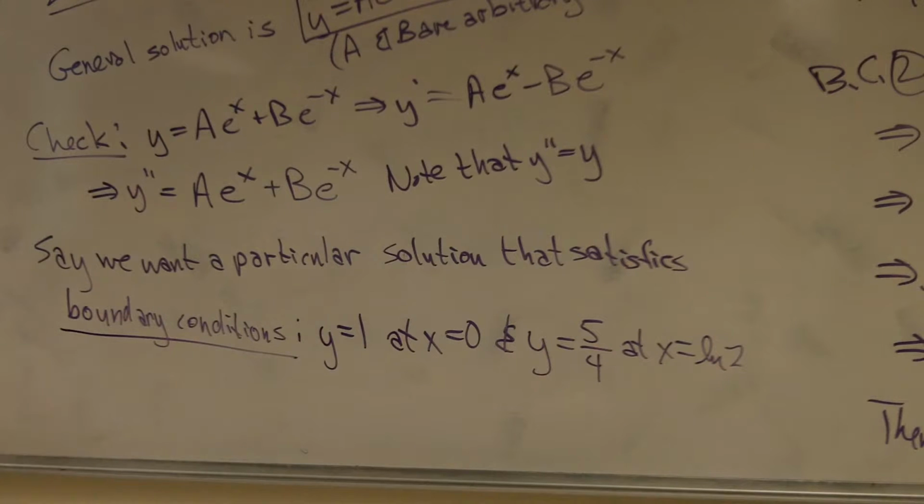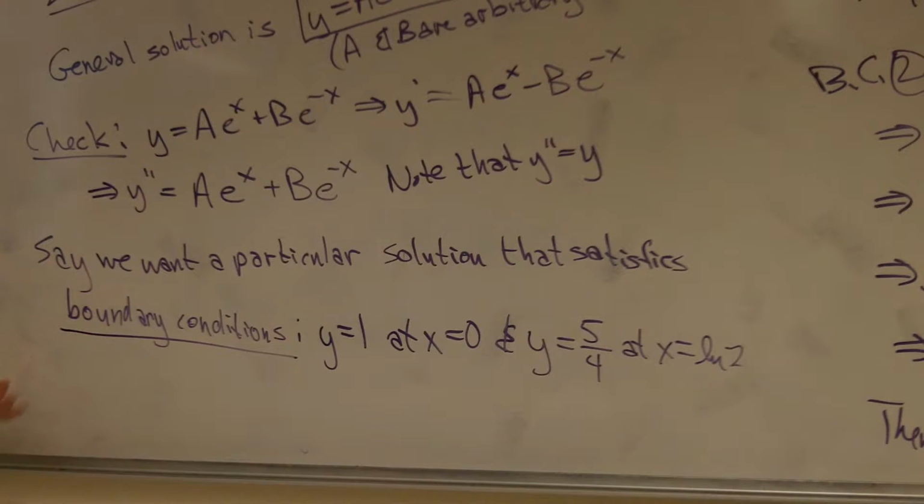Maybe it's a mass on the end of a spring that's oscillating, for example. So you want to describe its position, let's call it x, maybe a one-dimensional position, as a function of time. And your boundary conditions in that case might be initial conditions. In other words, at time t equals 0, x has a certain value, and maybe x prime, or x dot if you prefer, the derivative of x with respect to t, has a certain value at time t equals 0.